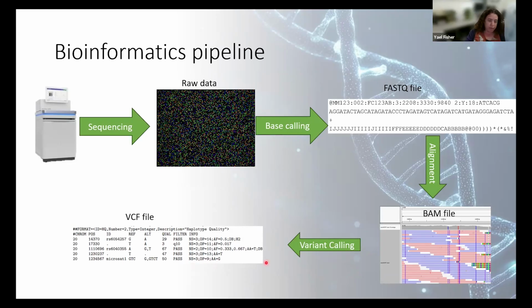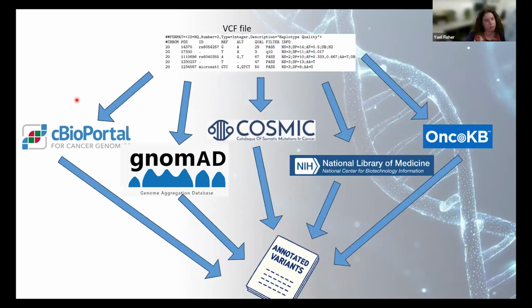But the VCF file itself is, again, not enough because we do not know these locations, they don't mean anything to us. So this file undergoes a process that is called annotation, where these coordinates are translated into a gene and a protein change, and data from various databases can be added to it until we get an annotated variants file.